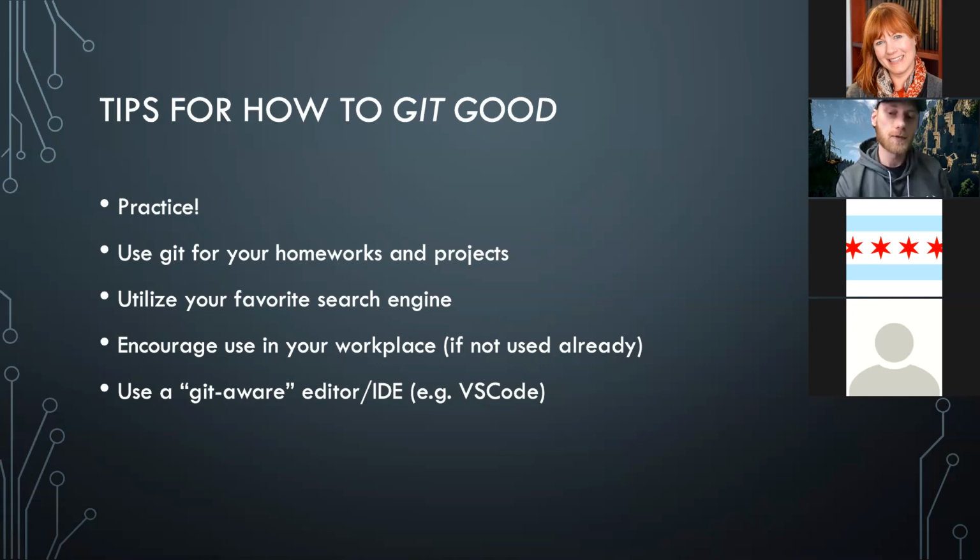And some of the ways I think are useful are using Git for your homeworks and your projects. That is a multi-purpose benefit, because not only do you not have to worry about screwing up your project so badly that you have to start from scratch, because you can always just go back to previous versions of your Git repository.